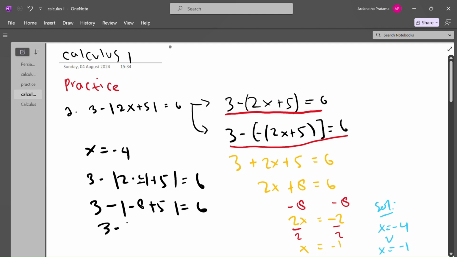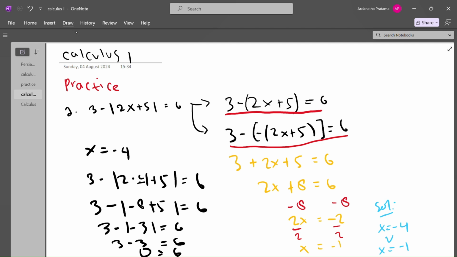So we have 3 minus the absolute value of minus 3 equals 6. And we get 3 minus 3 equals 6, so 0 equals 6. Of course, this does not fulfill the equation, right? Because we cannot have 0 equals 6. So x equals minus 4 is not a solution.